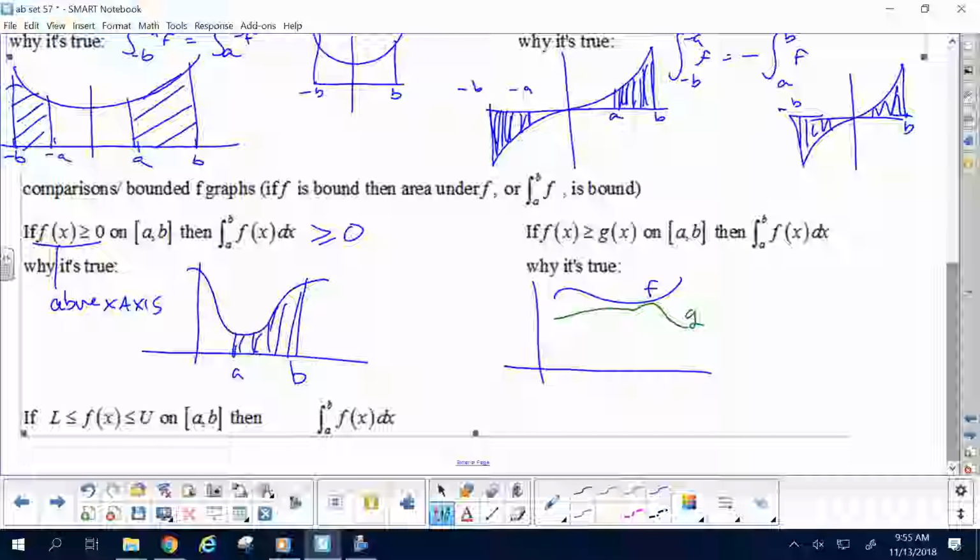Likewise, if I had two functions and f is always greater than or equal to g, so f is always riding above g, even if they're equal at some point, no big deal, then what would you know about the area under f? If f is always greater, then isn't the height of every rectangle greater? And so the area under f must be greater than or equal to the area under g.